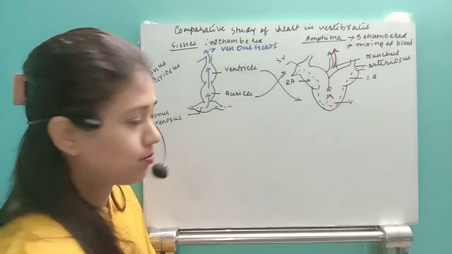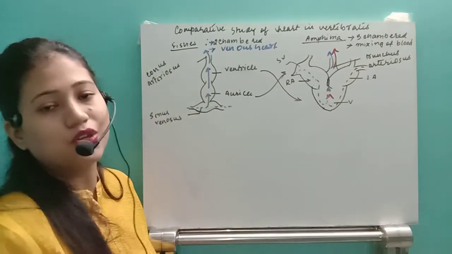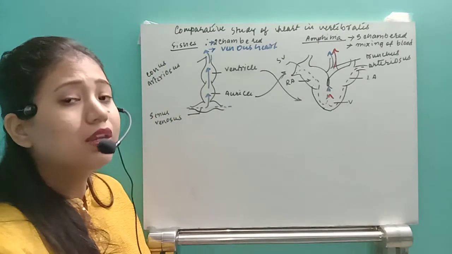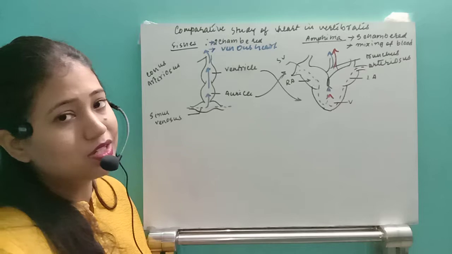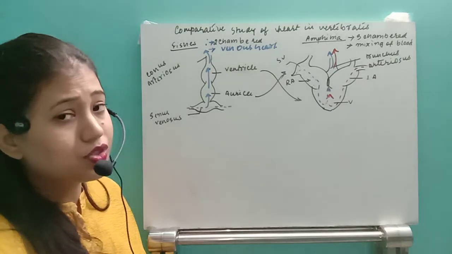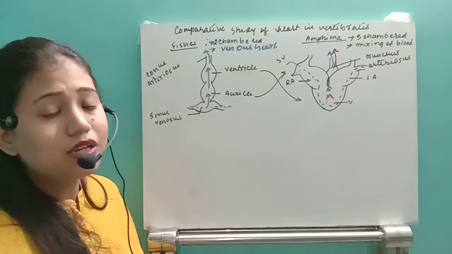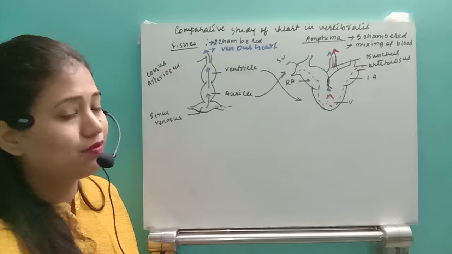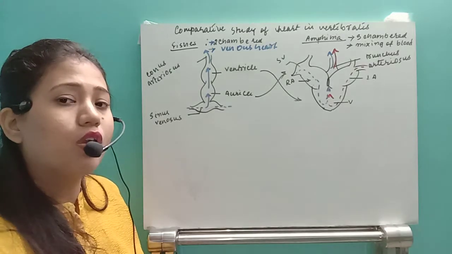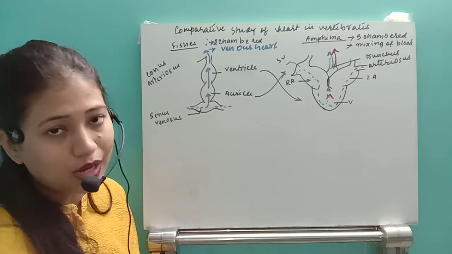The auricle gets divided due to the presence of the interauricular septum. Due to the presence of this interauricular septum, the auricle is divided into right auricle and left auricle. Right auricle will carry deoxygenated blood and left auricle will carry oxygenated blood. Till the auricle, the blood will not mix; the right and left auricle have separate types of blood.